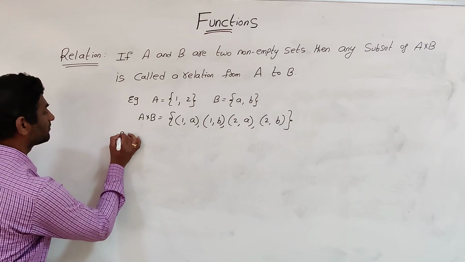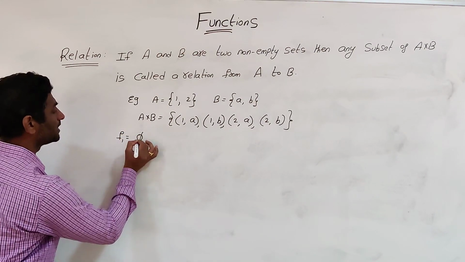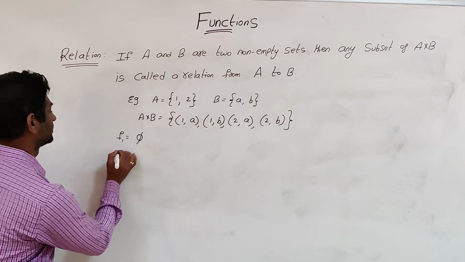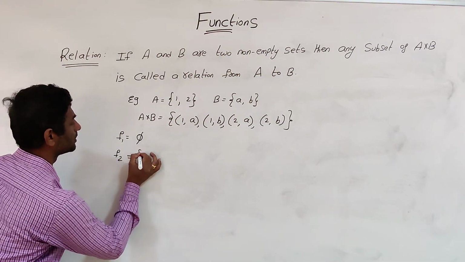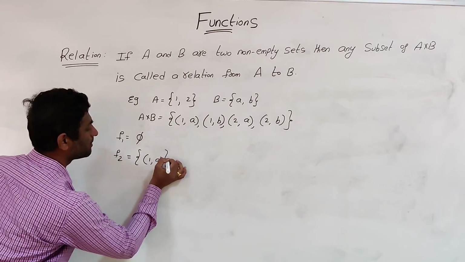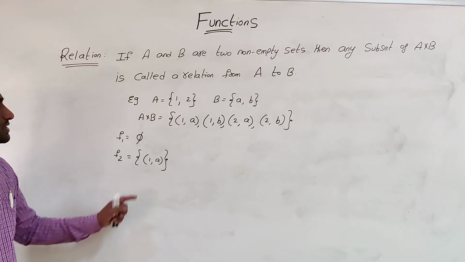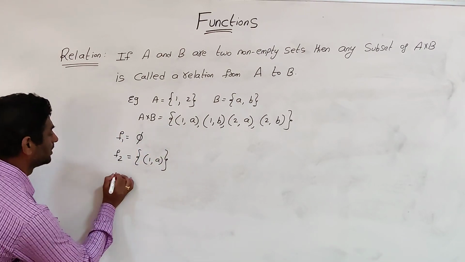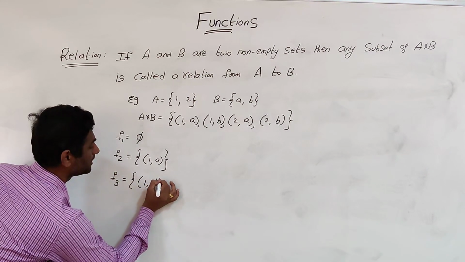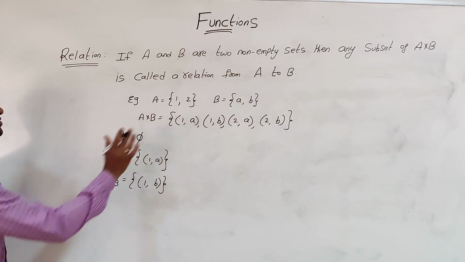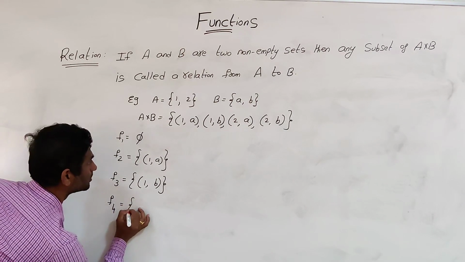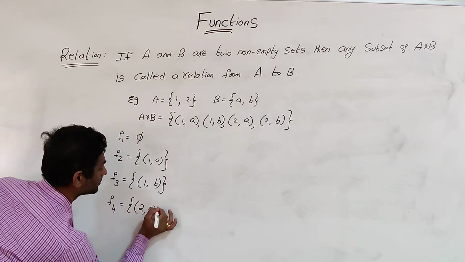F1, the empty set, is always a subset of A cross B. Next, F2, a singleton, a single ordered pair: (1, a) is one element, which is a subset of A cross B. F3, (1, b) is one element, which is also a subset of A cross B. F4, (2, a).